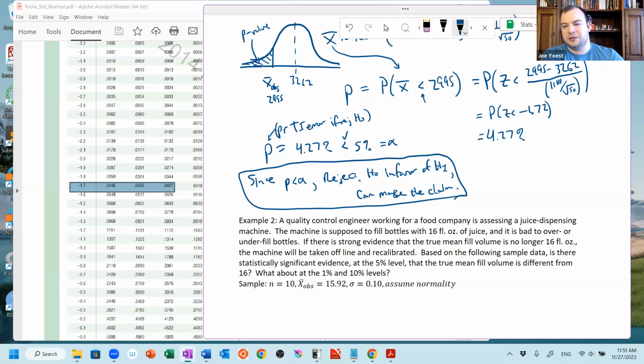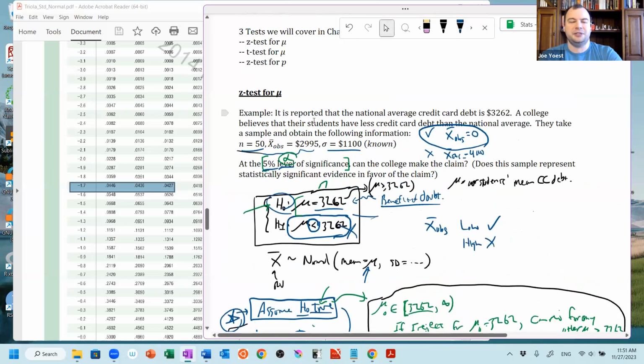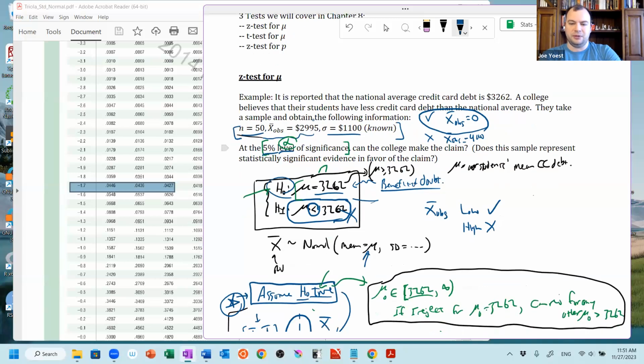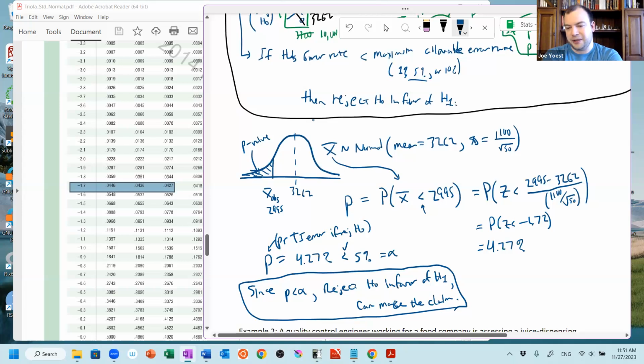So we are on solid statistical footing here to make this claim that our college students have credit card debt less than the national average. And if somebody were to challenge that, if they were to come to us and say, hey, you made this claim, what's your support for that? I could give them this sample along with this argument, and that would be my argument in favor of the claim that I'm making.